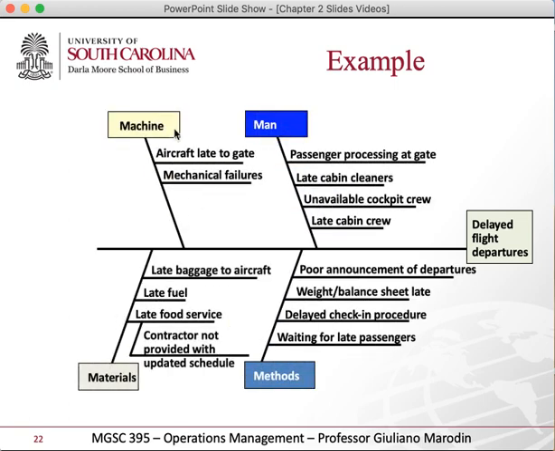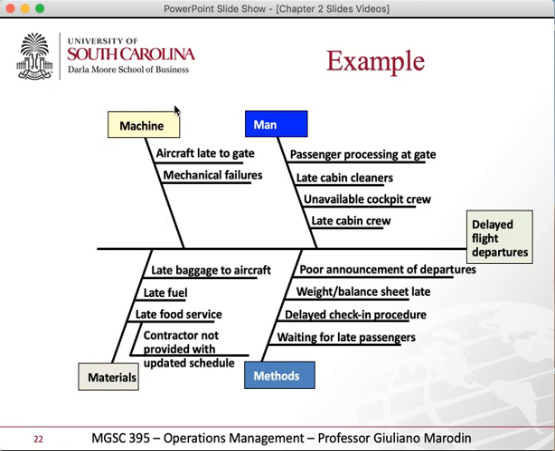And we divide this usually in 4 to 6 different groups. So these are the main categories. So machine related, man related, methods related, and materials related, right? So everything that is materials like luggage and fuel and food, we put all here.